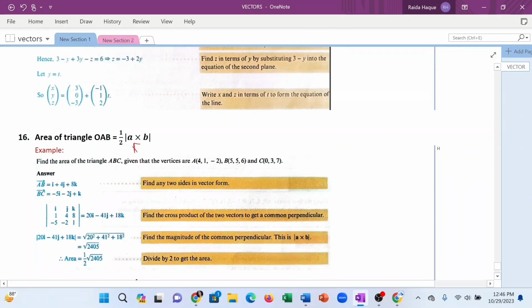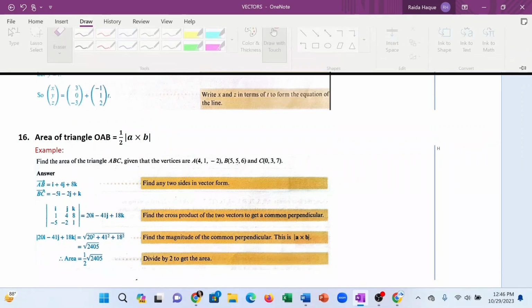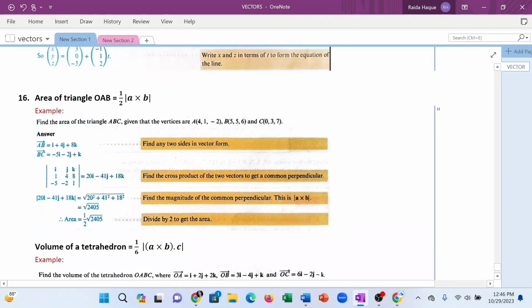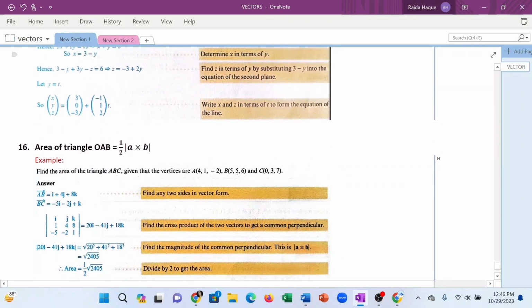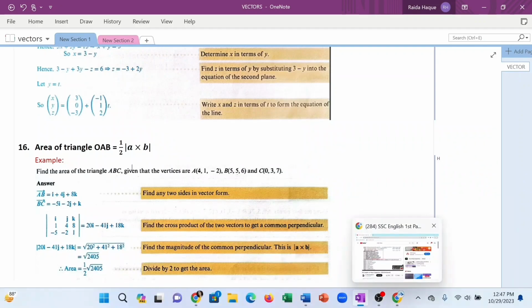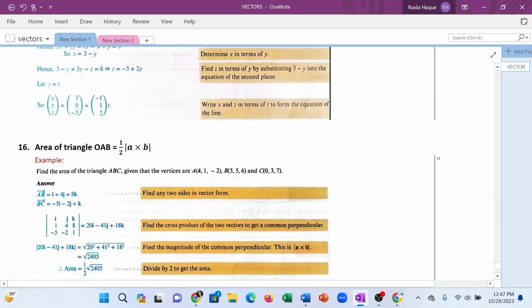So now if they ask you to find the volume of a tetrahedron, what do you think will be the formula? For a tetrahedron, obviously there will be a similar cross product. So what is a tetrahedron? A tetrahedron is basically a pyramid-like shape.